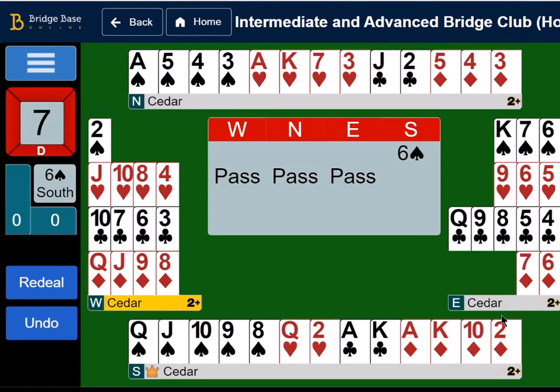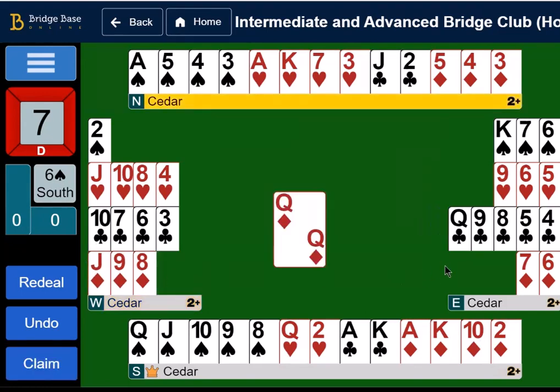The lead is a diamond queen. So, yeah. I don't know whether that's a good lead or a bad lead, actually. The way it might set a slam is the king is in the dummy and partner's got the ace.